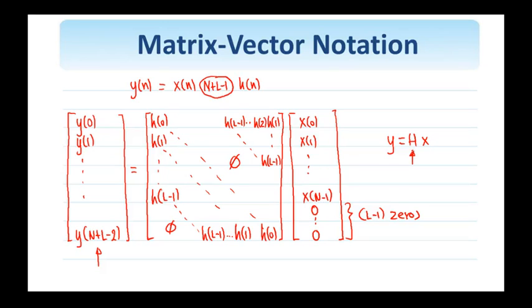I can do this for all rows, including the last row. If I circularly shift the last row, I'll obtain the first row. So this matrix is called a circulant matrix and has some useful properties that we will talk about next.